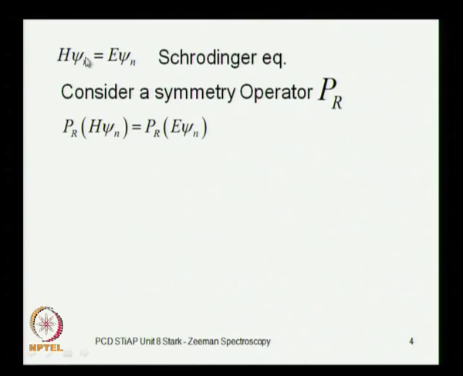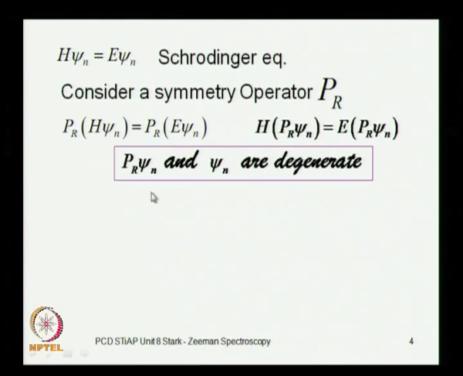You can see how it is related to degeneracy, because if you have psi n, which is an eigenfunction of the Hamiltonian, and you operate on the Schrodinger equation with a symmetry operator p from the left on both sides, then on the left side p and H commute, so H can now be written behind p, and on the right side E is a constant.